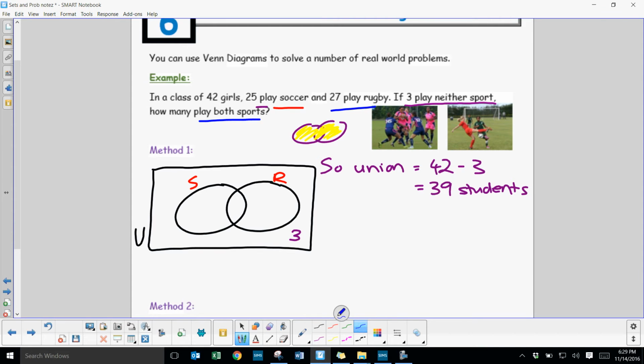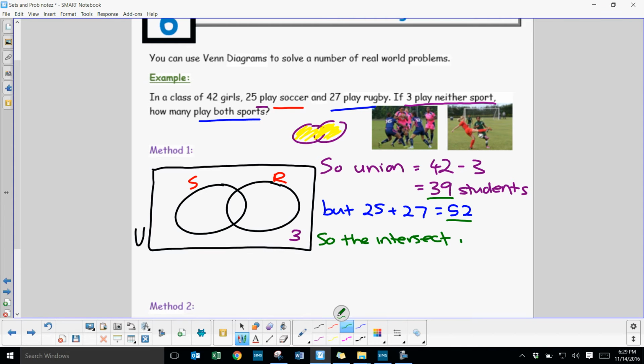But if you add up the total soccer and total rugby, you don't get 39 students, you get 52 students. So the intersect must be the difference between this and what it should end up being. It'd be worth writing this down so you've got it to look back on.